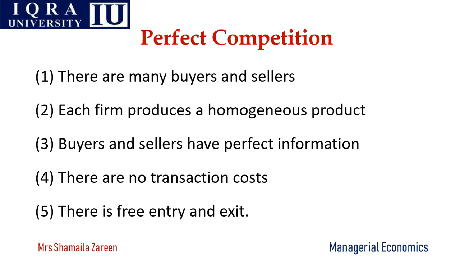Because there is perfect information, consumers know the quality and price of each firm's product. There are no transaction costs, such as the cost of traveling to a store. If one firm charged a slightly higher price than the other firms, consumers would not shop at that firm, but instead would purchase from a firm charging a lower price.